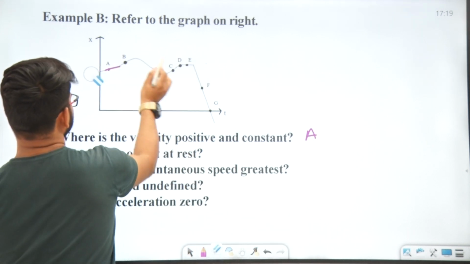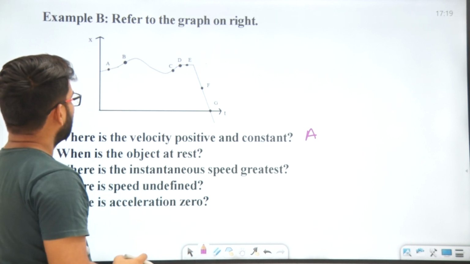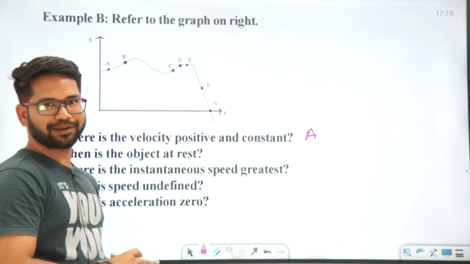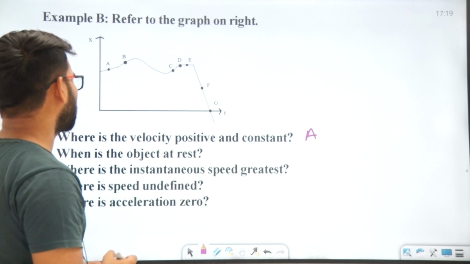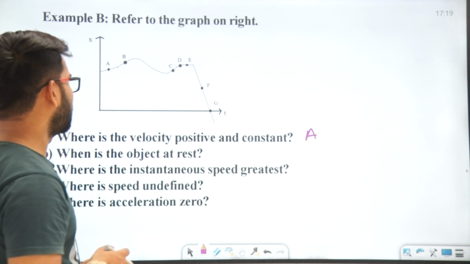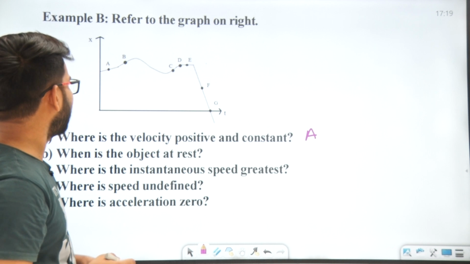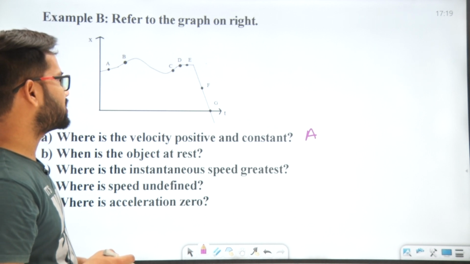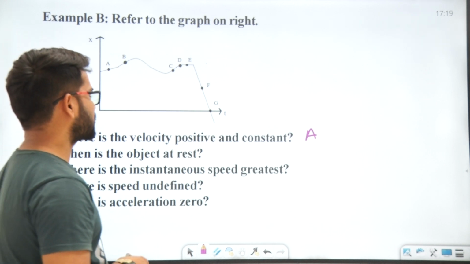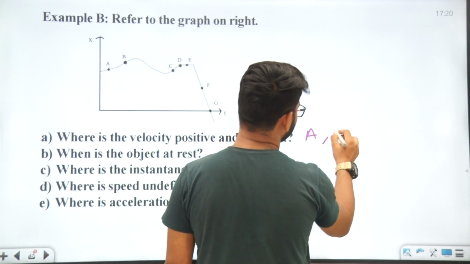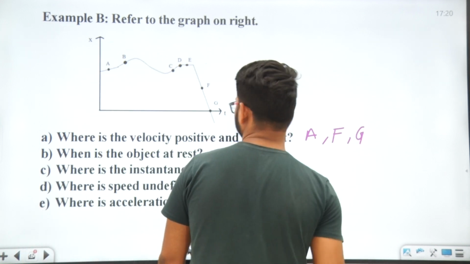And what about B? At B, velocity is not constant. At F, velocity is constant, and also at G, velocity is constant. So we can write F and G also.